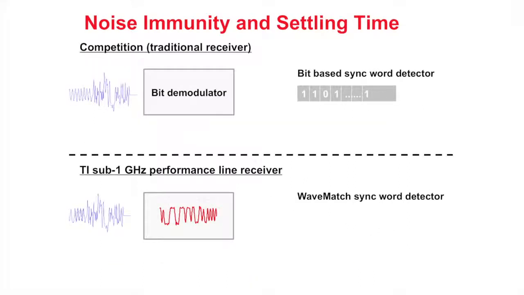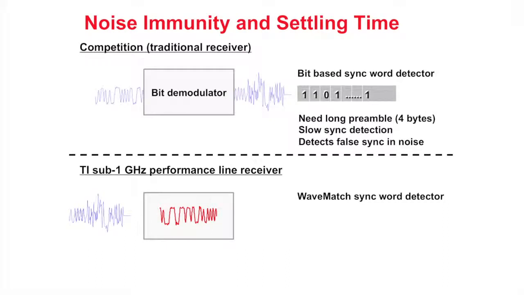A receiver needs to be able to know when a data packet starts. The data payload is preceded by a preamble followed by a unique known sequence called the sync word. A traditional receiver often uses a bit-based sync word detector. The demodulator is generating a bit stream, and sync search is then done on a hard decision data stream.